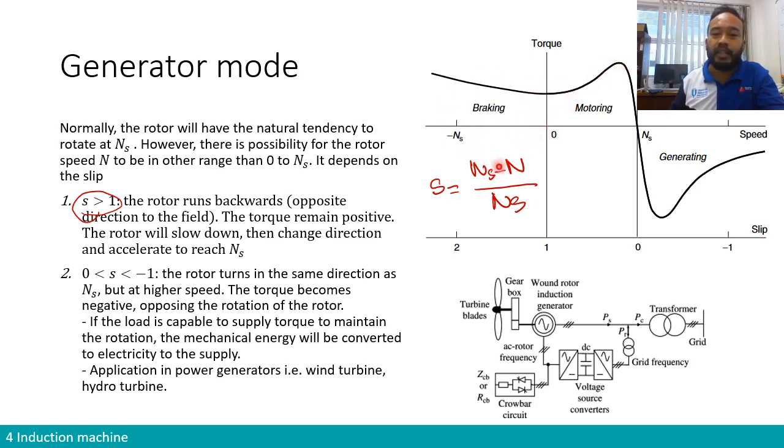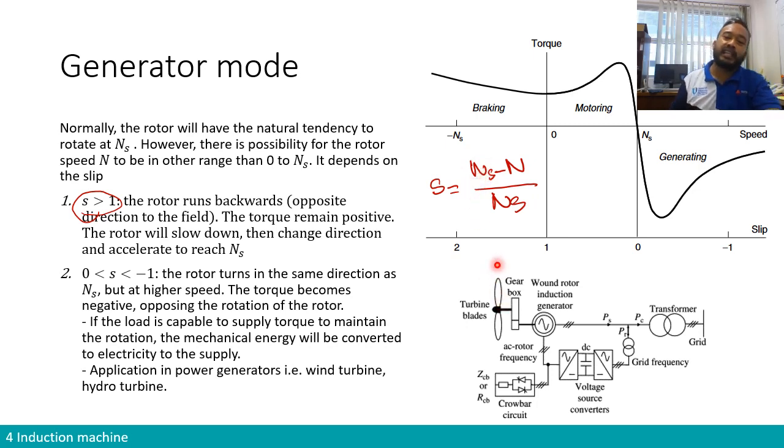So that is braking. Another operation is when you have your slip smaller than 1. How do you have a slip smaller than 1? If you look at the equation, you need n to be larger than ns. It means that your rotor speed is much larger than the synchronous speed.